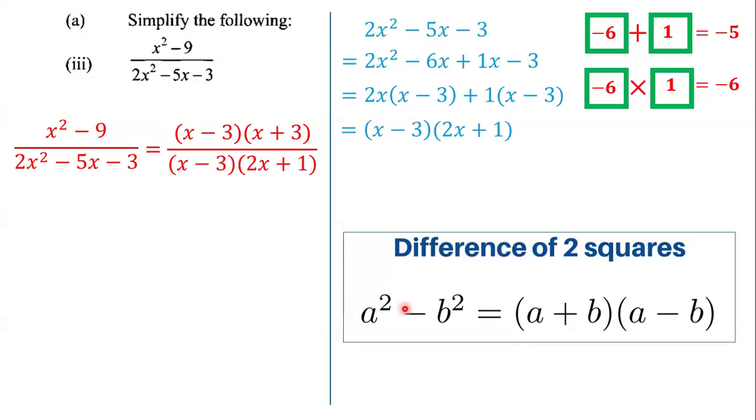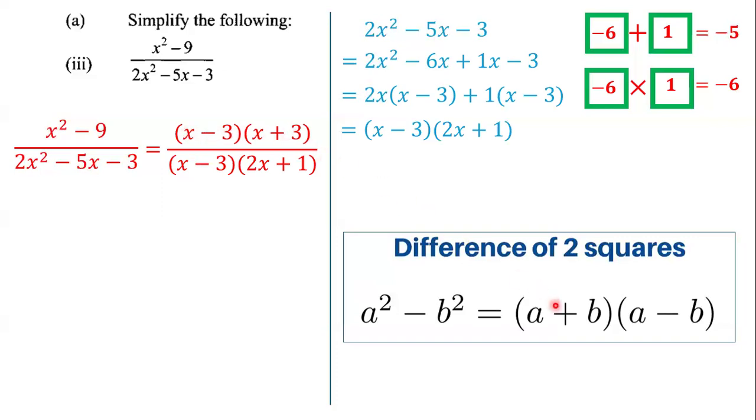Notice that the difference of two squares formula says that if we have a squared minus b squared, all we need to do is take the square root of a squared, which is a, and take the square root of b squared, which is b, then add them and then subtract them. And so we have a plus b multiplied by a minus b. We have to take the square root of x squared, which is x, and the square root of 9, which is 3. And so we say x plus 3, and then x minus 3.